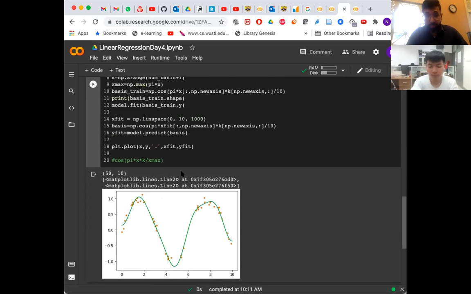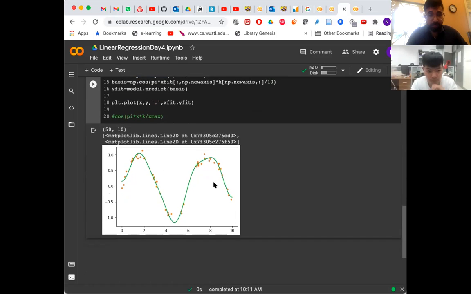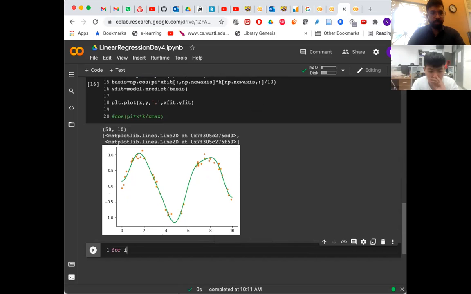So it's a cosine basis fit. So let's just plot these bases and see. What do we get? So we say for i in range basis.shape[1], plot.